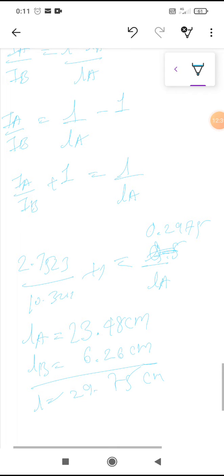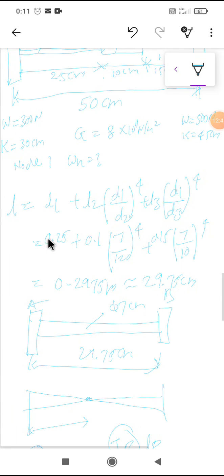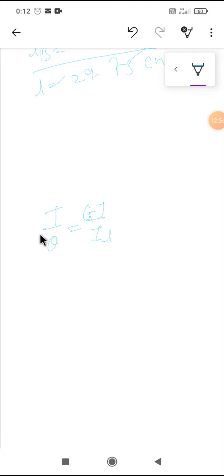Now the second question which we are interested in finding is the natural frequency of the system. How can we get it? As we know, T by theta is equal to Gj by L, that is the torsional stiffness.